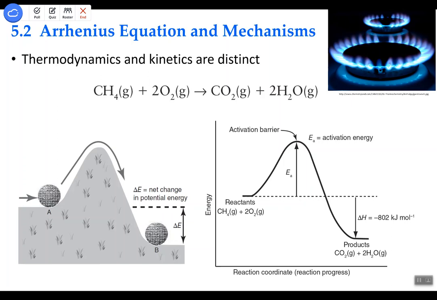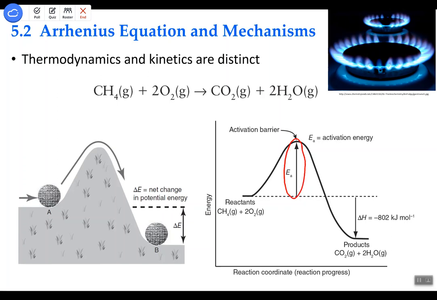And this could be really big, it could be really small. It doesn't really have much to do with the delta G or the delta H between the reactants and the products. But the height of that activation energy, how steep it is, how hard it is to get over that barrier, determines the rate of the reaction.